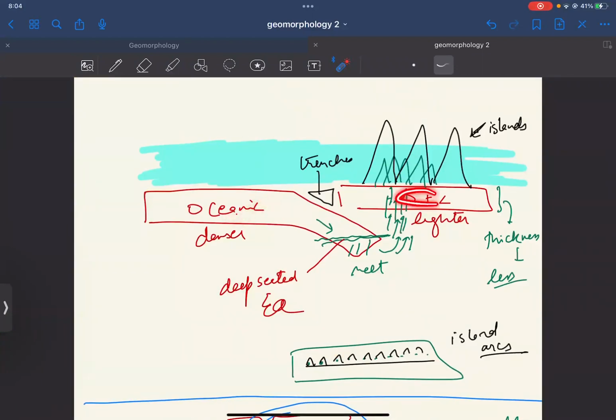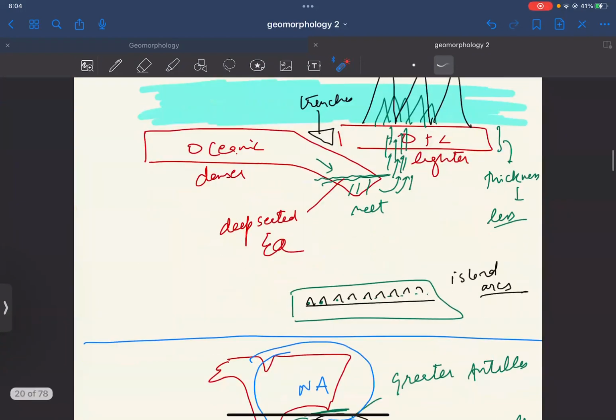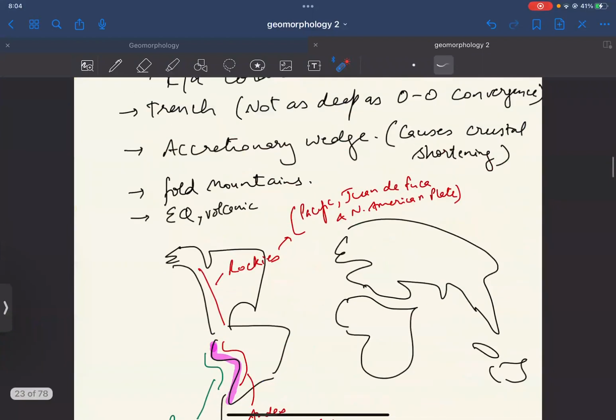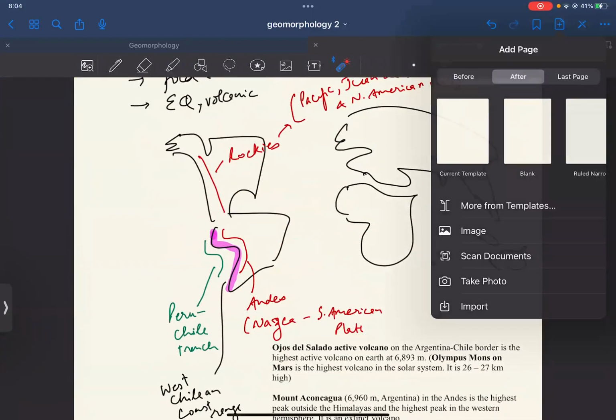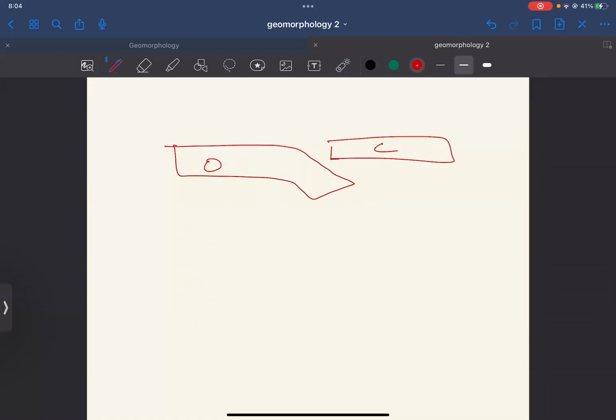So same way, part of oceanic plate melts, magma rises, leads to formation of volcanic mountains. I'll draw it again. Oceanic plate, continental plate. Now we know thickness of continental plate is more as compared to oceanic plate.